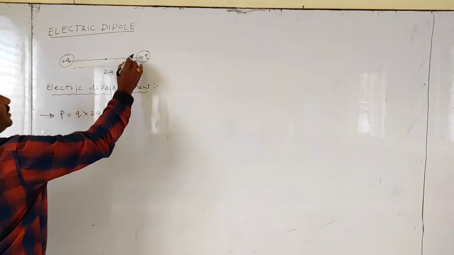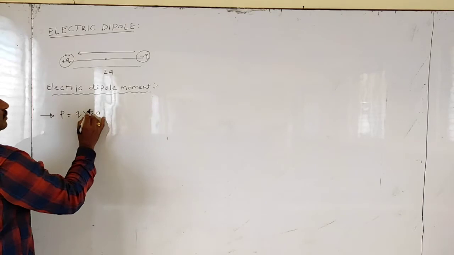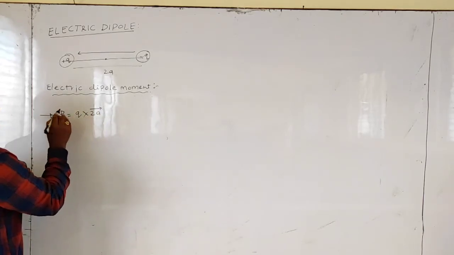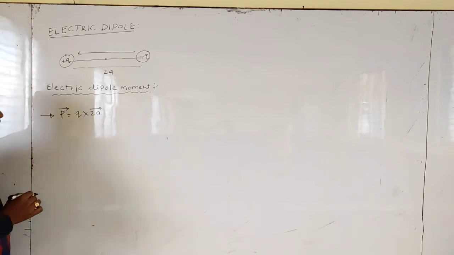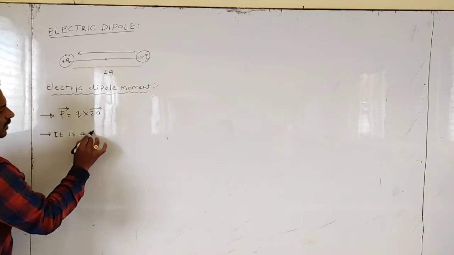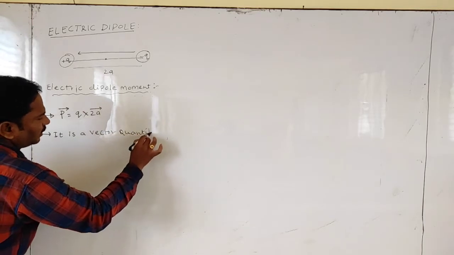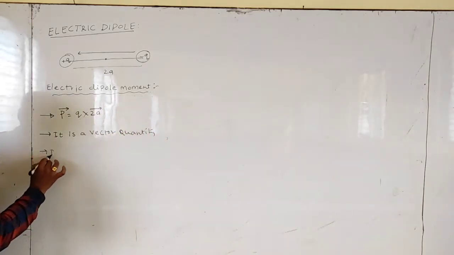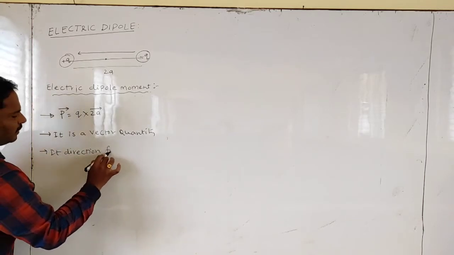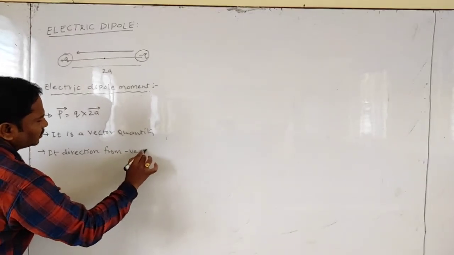The distance is taken from the negative charge to the positive charge, so it is a length vector. Scalar times vector gives a vector, so the dipole moment is a vector quantity, and its direction is from negative charge to positive charge.